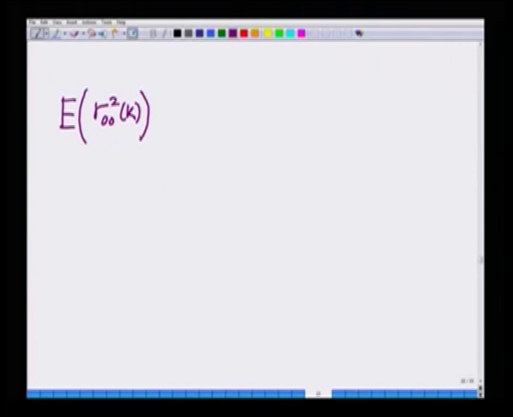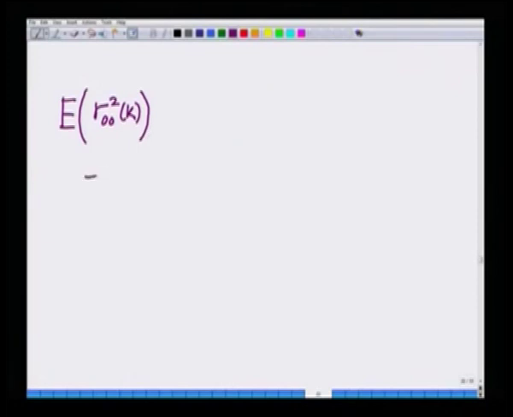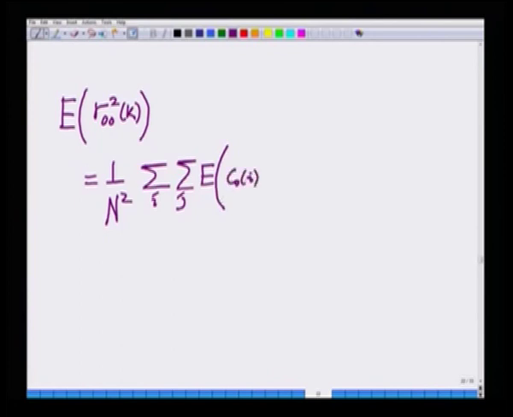of k, which is the second order moment of the correlation at lag k, is nothing but 1 over n squared, with the expected value taken inside, summation over i, summation over j, expected value of C_0[i] C_0[i+k] C_0[j] C_0[j+k].